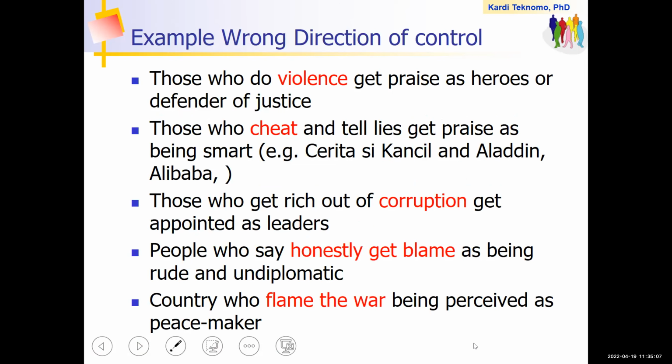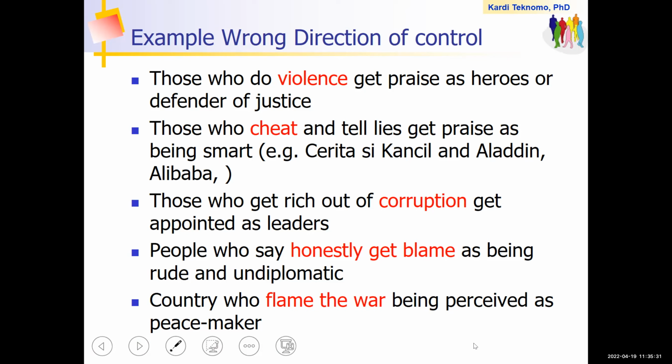So how are we going to do that? Here is an example. Look, those who do violence get praised as heroes or defenders of justice. Then you are setting the wrong direction of control, isn't it? Those who cheat and tell lies get praised as being smart.